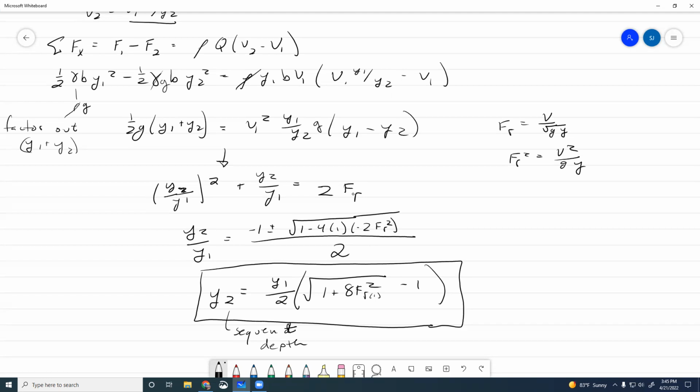It's the depth downstream of the hydraulic jump. This is the approach depth, and this is the Froude number of approach flow. So 2 knowns, these are the upstream flow conditions, and then we can use that to calculate the downstream flow condition.